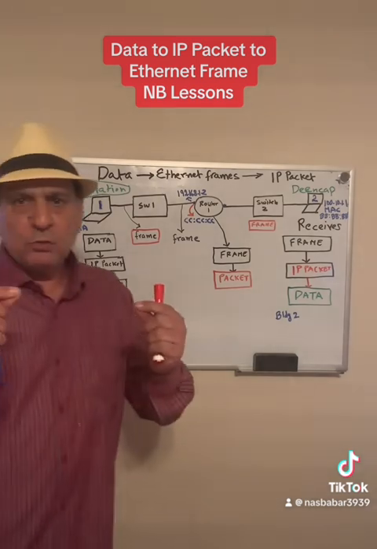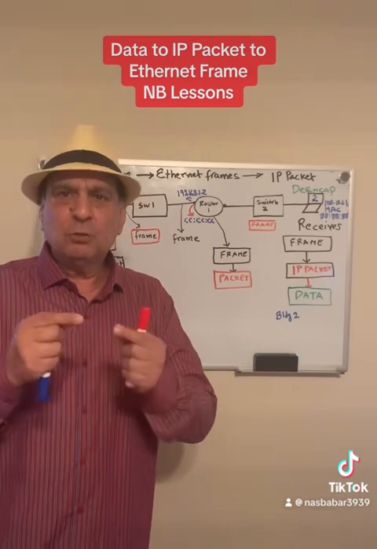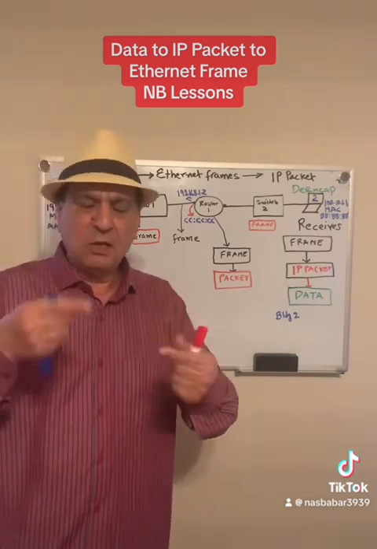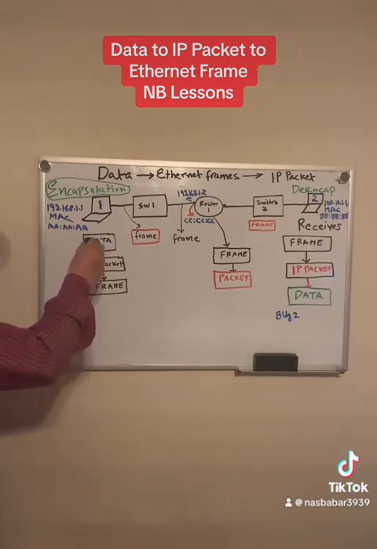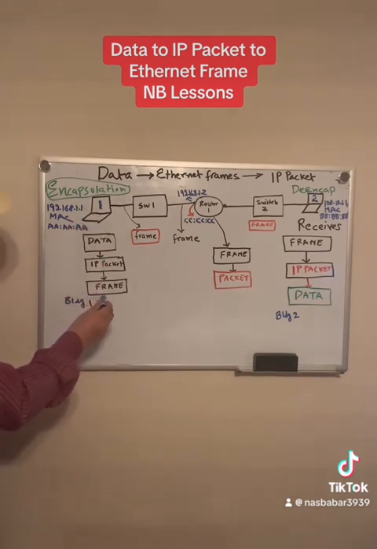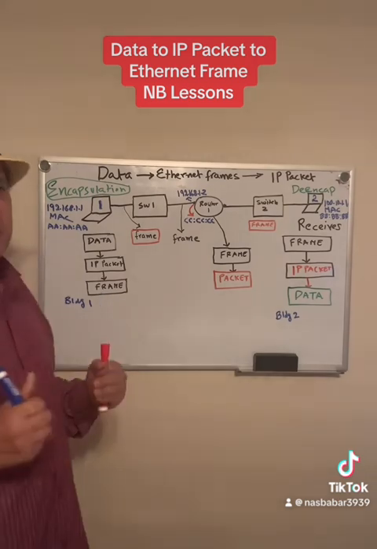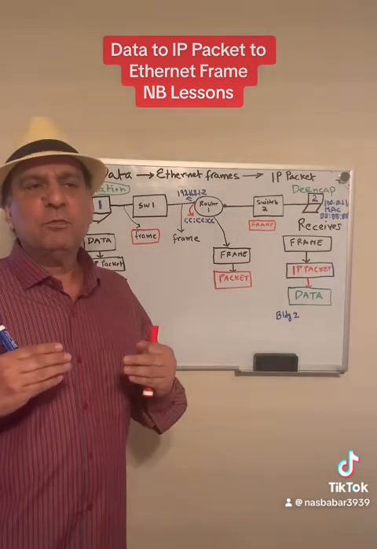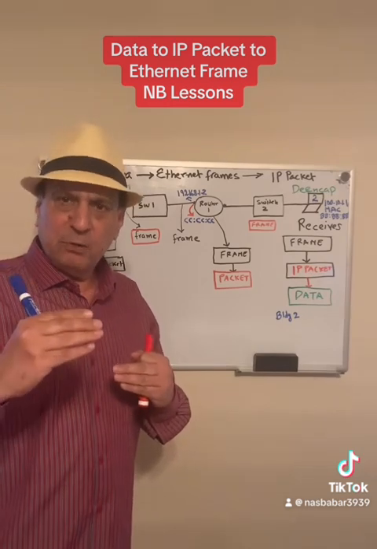You have a capsule, right? You open up the capsule, you'll see the medicine in there. Same analogy: you have IP packet stuffed with data, and it's being encapsulated into Ethernet frame. Anytime we talk in terms of Ethernet frames, we are referring to frames.